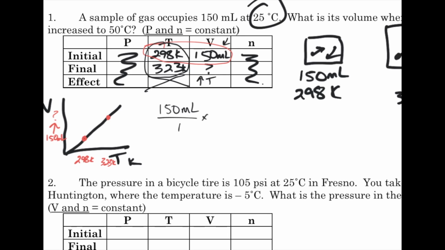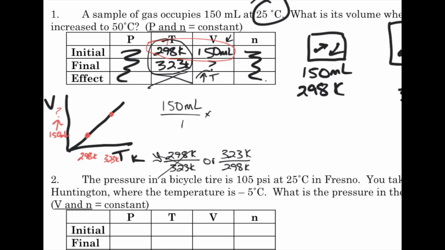Our options are 298 Kelvin over 323 Kelvin or 323 Kelvin over 298 Kelvin. If we multiply 150 milliliters by the first one, simple mathematics would show us that this number would actually go down. And we don't want that, right?